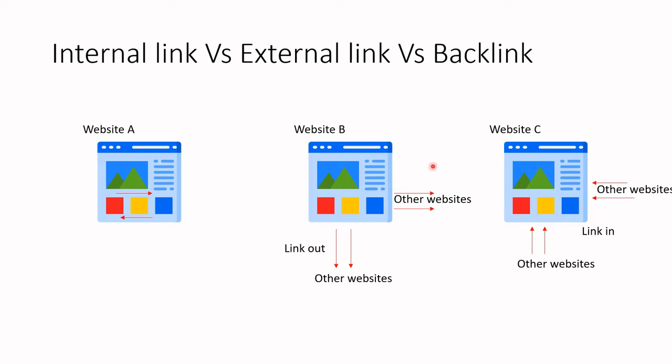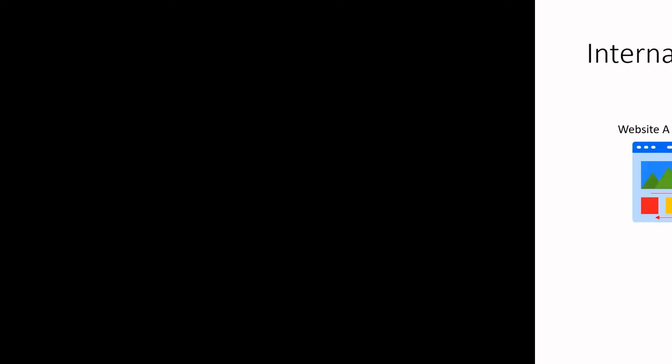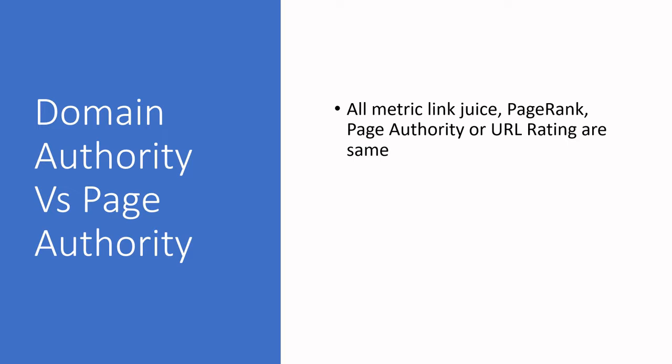It could be website A linking to website C or website B linking to website C. These are backlinks, which are most important for ranking purposes. The backlinks you gain help to improve your domain authority, and with the help of internal linking, you can increase the page authority of your website.